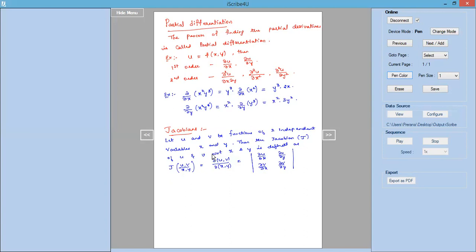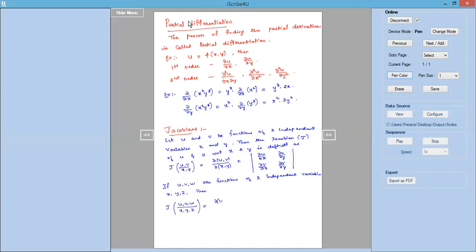Next we will define u v w with respect to three independent variables x, y, z. If u, v, w are functions of three independent variables x, y, z, then the Jacobian J is defined as J of u v w with respect to x, y, z.